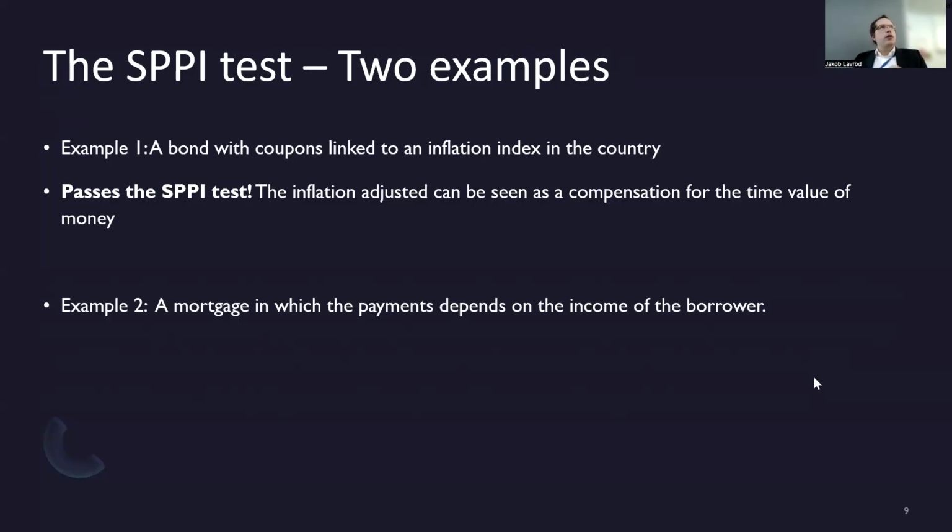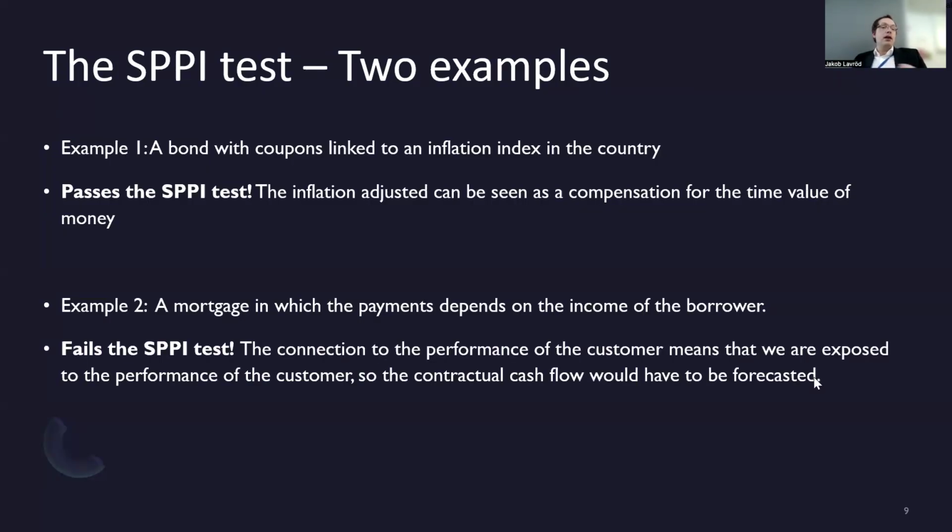Maybe not that common with a mortgage, but in the US, for example, student loans can sometimes be linked to your income. That actually fails the SPPI test, because if you lend to someone and say, I will take a certain percentage of your income, you now have a very clear upside and downside in the product.